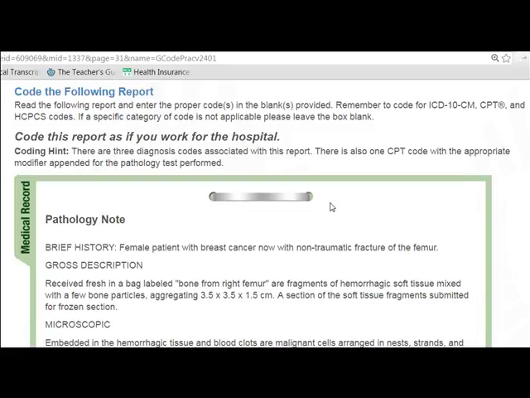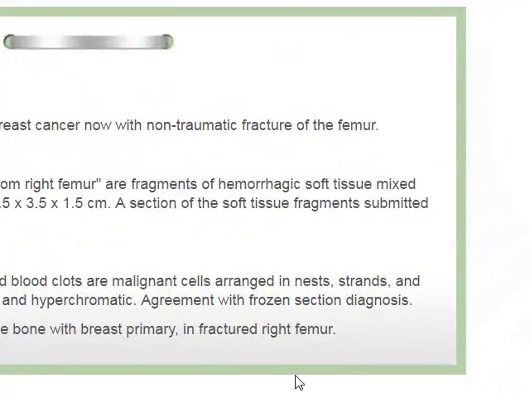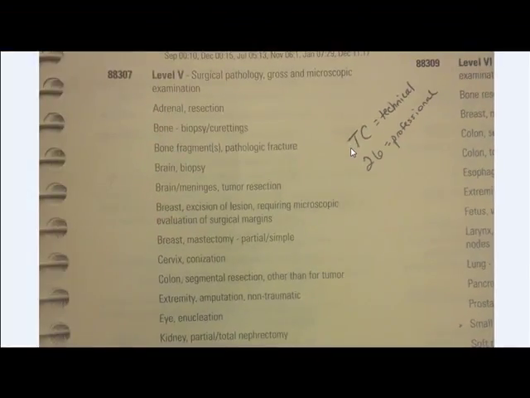So as if you worked for the hospital, what modifier would be appropriate for this case? Well, if you said TC, then you're correct. The technical component is the modifier we would make sure that we add on to the back of this CPT code to indicate that it's for the technical component.